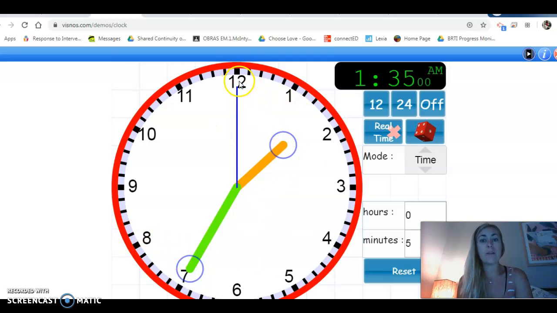So let's count together by 5s. First, I'm going to count by 5s, then we're going to count by 5s together. 5, 10, 15, 20, 25, 30, 35, 40, 45, 50, 55, 60, or o'clock. Now it's your turn. I want you to count out loud by 5s as I move the minute hand around.